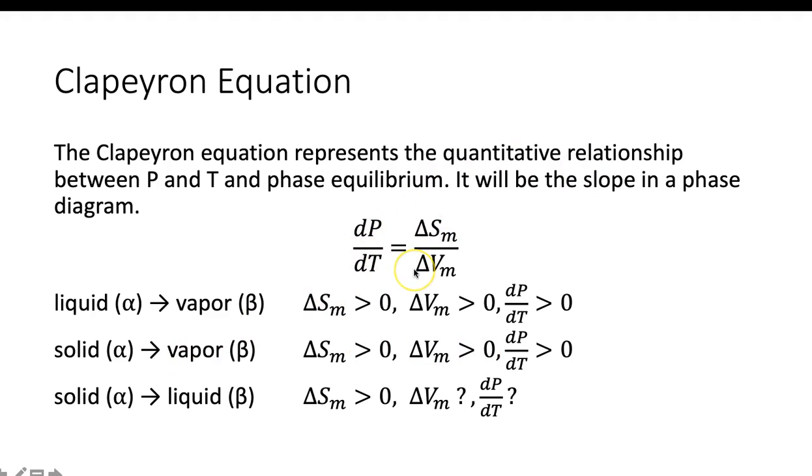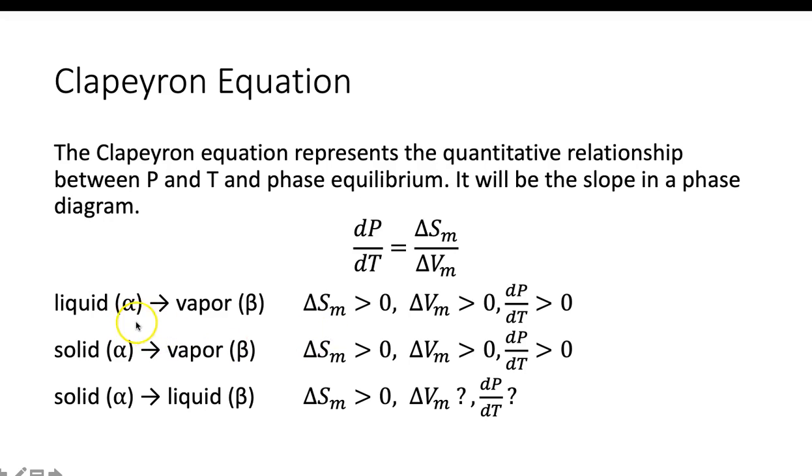So we have reiterated the Clapeyron equation from the last time. If we think about the common phase changes, there's one that I'm not showing, which would be solid-solid. Solid-solid phase changes are a little bit more complicated to deal with. But let's just deal with the three fundamental phase changes.